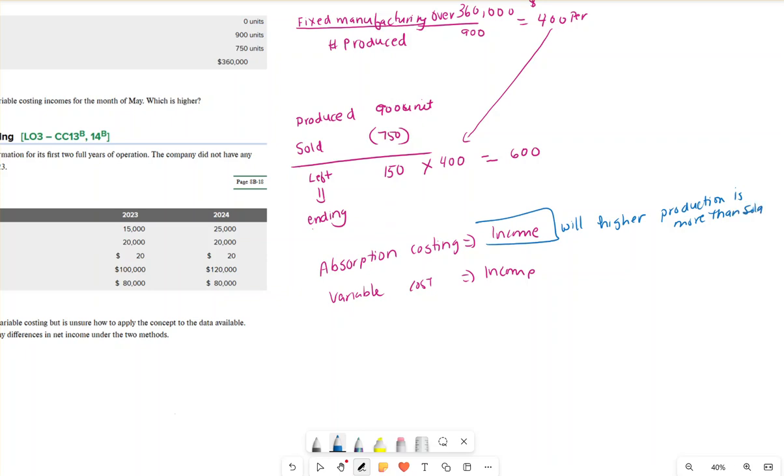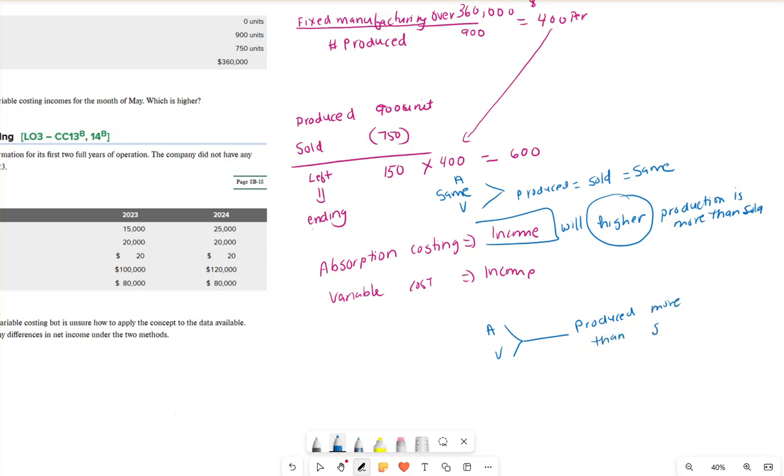If what you produced and what you sold are the same, then the income under both methods, absorption and variable costing, will be the same. If you produce more than you sold, then your absorption income will be higher.